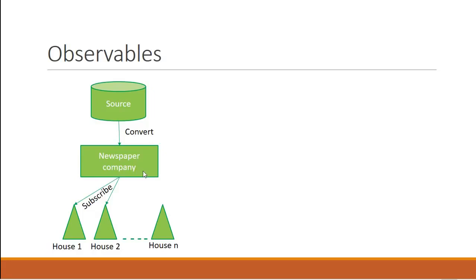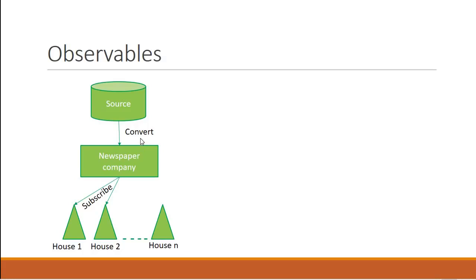So we have a newspaper company, and this company has a source of information. The company makes a request to the source to send in everyday news. As a response to the company's request, the source sends in a sequence of information throughout the day. Now once the information is received, the first thing the newspaper company has to do is convert the information into newspaper format.